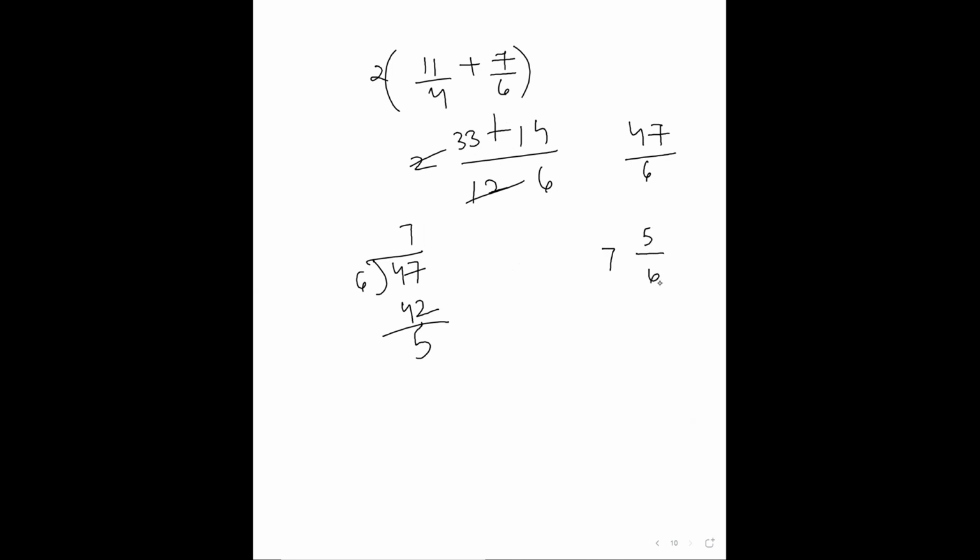The perimeter of the rectangle is 3 11 by 12. How? I solved it. Okay. So tell me step by step. 2 multiplied by L plus B is equal to 2 multiplied by 11 by 4 plus 7 by 6.